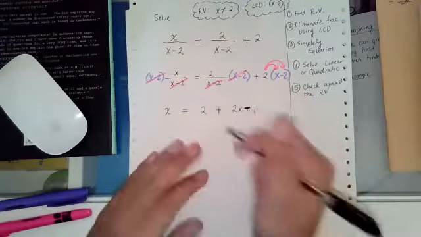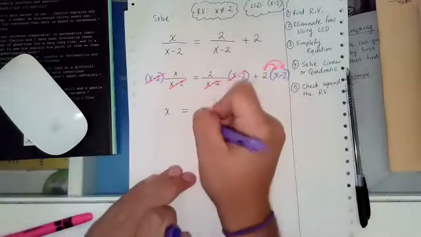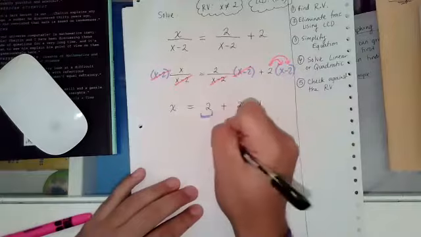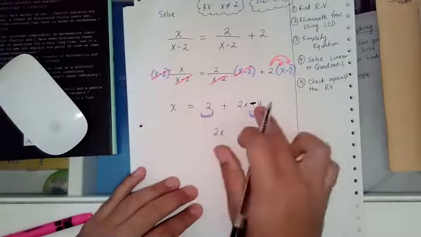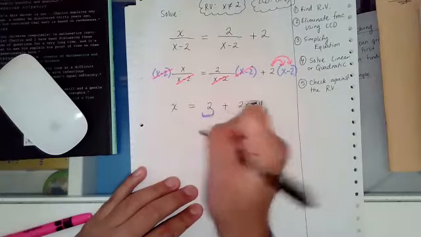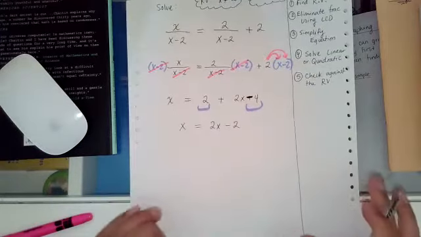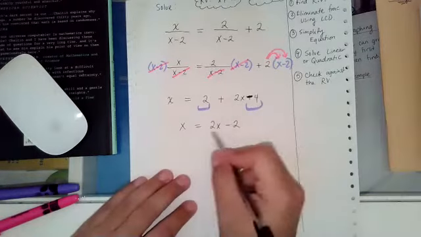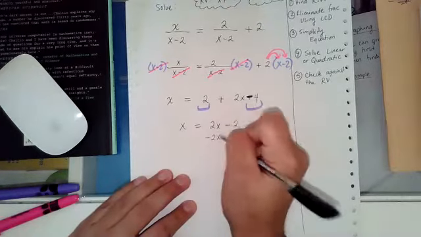So now we're going to combine some like terms. Those are like terms. So I'll have 2x, and then 2 minus 4 is going to be negative 2, is equal to x over here. Now all we want to do is isolate the x, since this is a linear equation. So I'm going to subtract 2x on both sides.